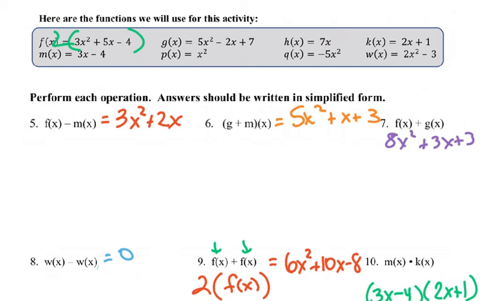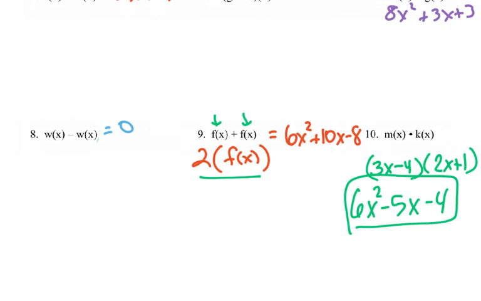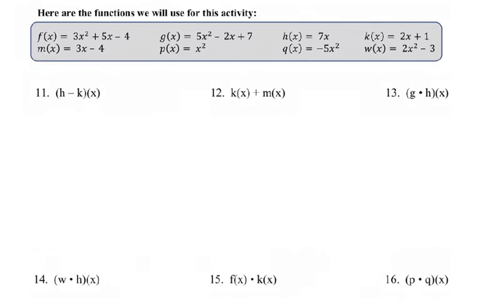On number 10, m of x times k of x. So you're going to take this binomial and multiply it by this binomial. And we've done that before. So you're going to multiply, simplify your like terms, and you get 6x squared minus 5x minus 4. Okay, we've got a few more examples to practice this. So on number 11, remember that this is equal to h of x minus k of x.